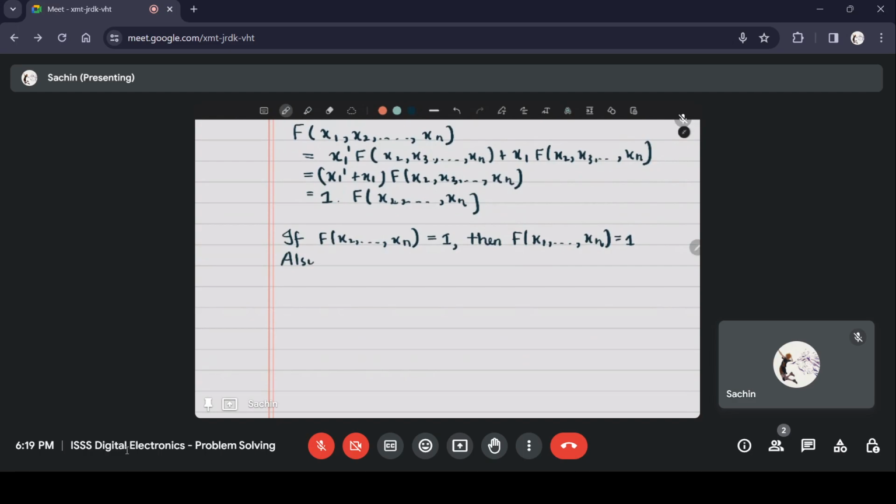Also we have shown f of x1, x2, x3 equals 1. So we can use induction to show f of x1 to xn is 1 for all n.